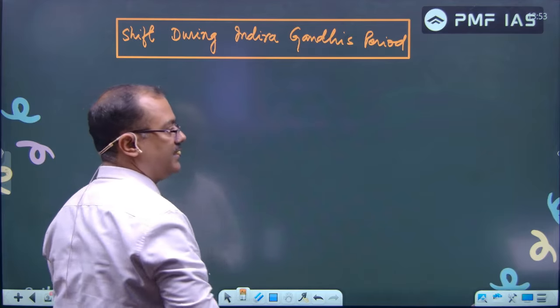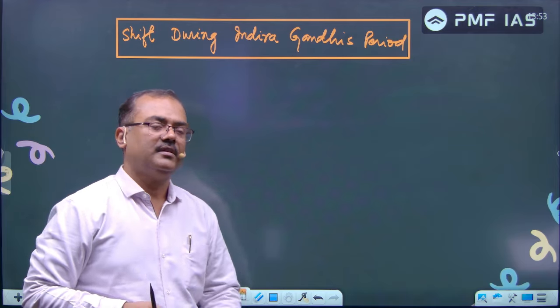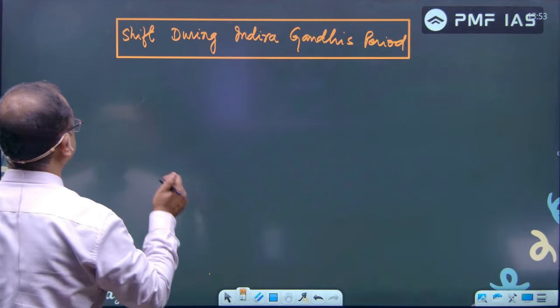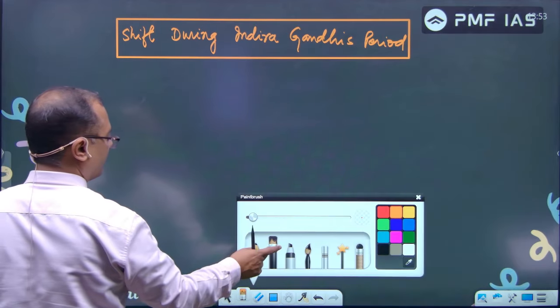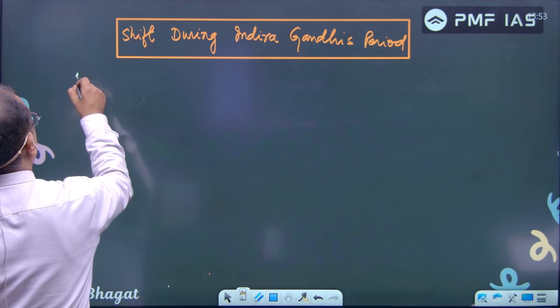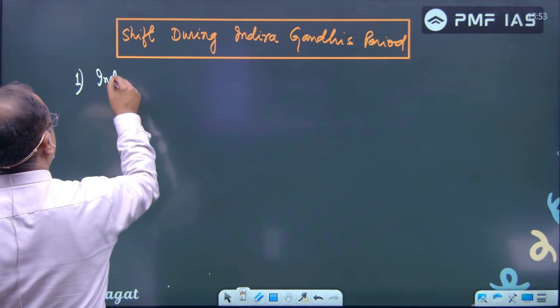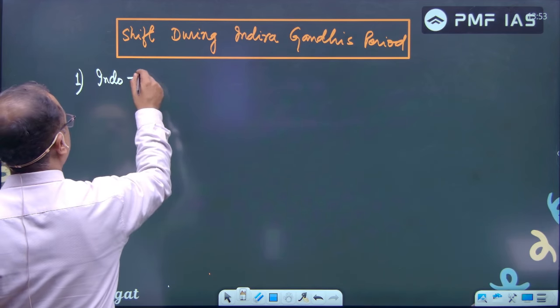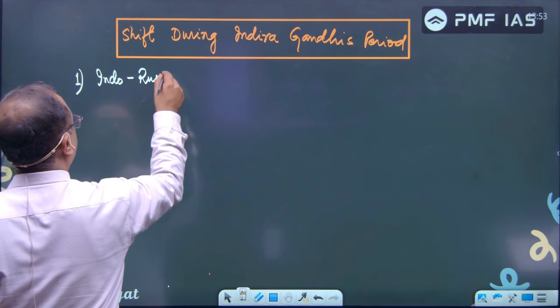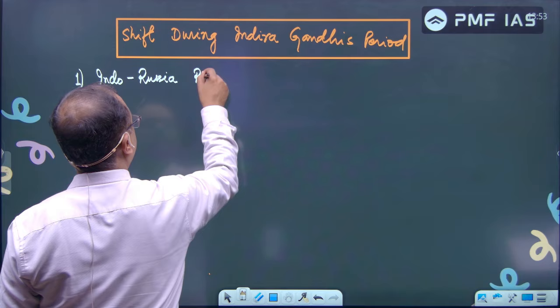Now, major events and developments in Indira Gandhi's period. There was, number 1, the Indo-Russia relationship.